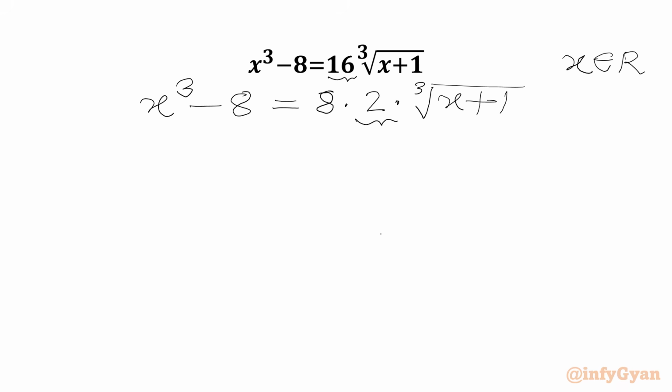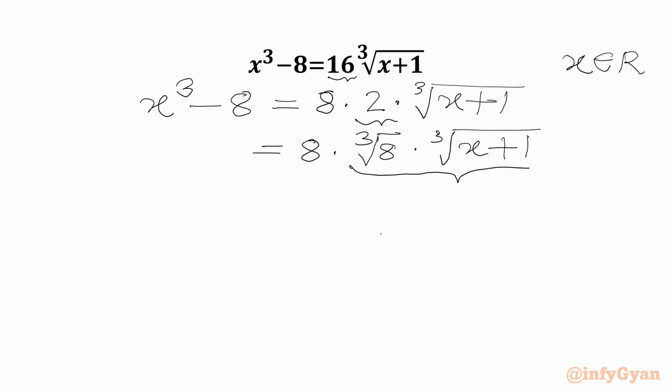Now we know that 2 can be written as cube root of 8 times cube root of x plus 1. Now we can club these two cube roots and write 8 times cube root of 8 times x plus 1.